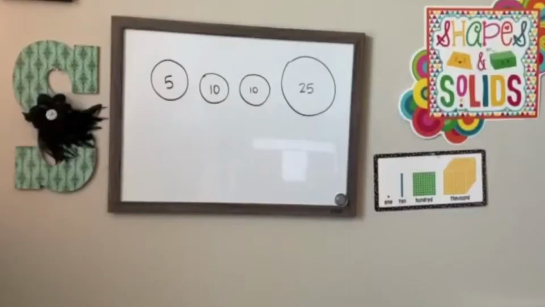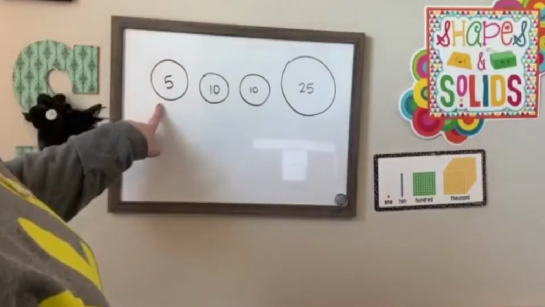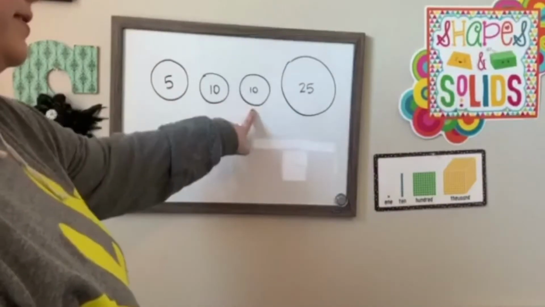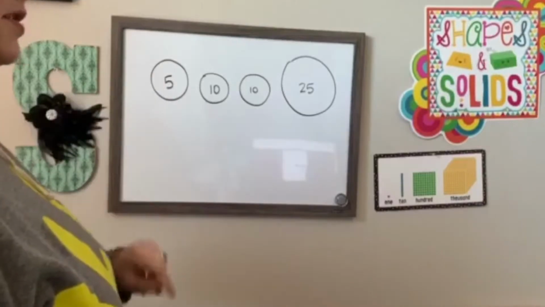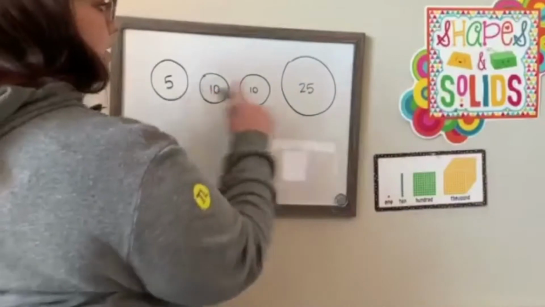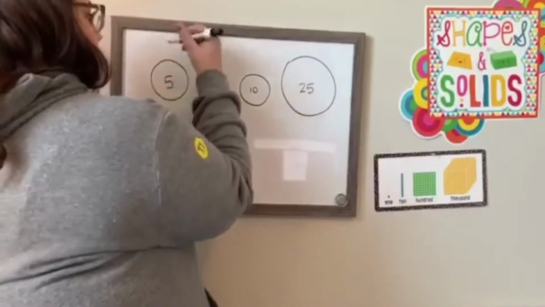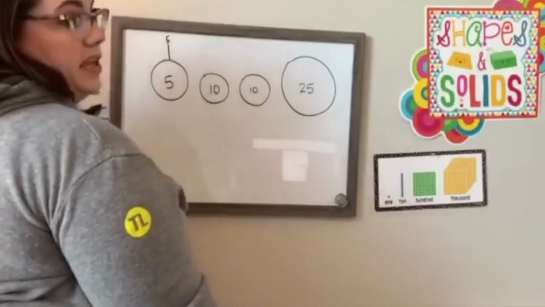Now, when we count a mixed value of coins, like the ones I have on my board, a nickel, which is 5 cents, 2 dimes, both worth 10 cents, and 1 quarter, which is worth 25, the best thing to do is to use our hairy money strategy. So I'm going to go ahead and do my hairs. I know a nickel's 5, so that means it would get 1 hair.